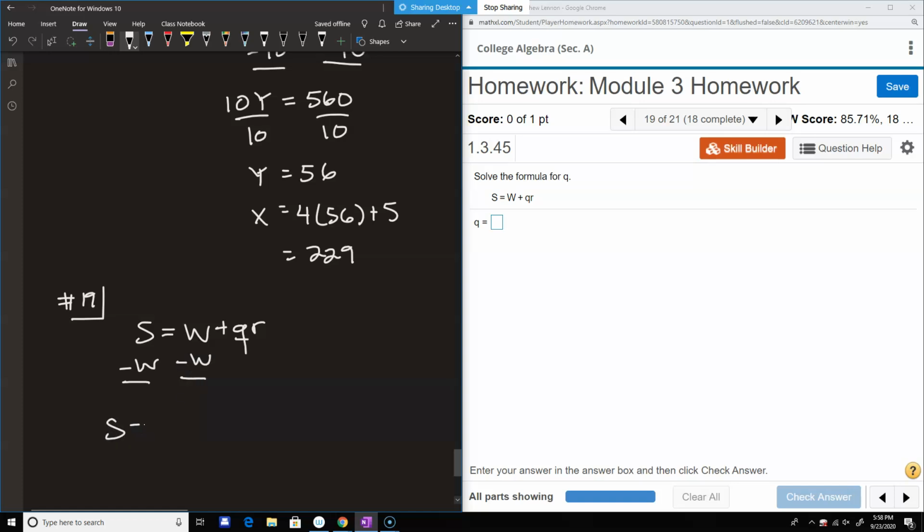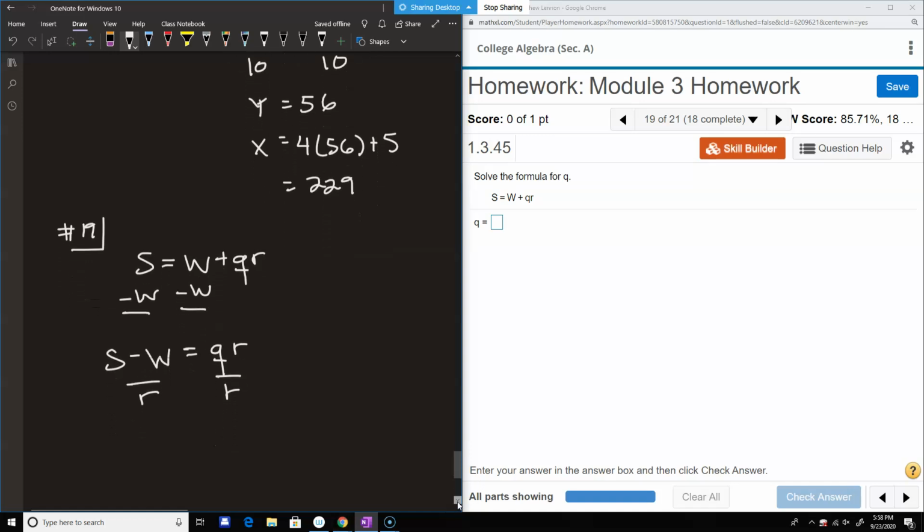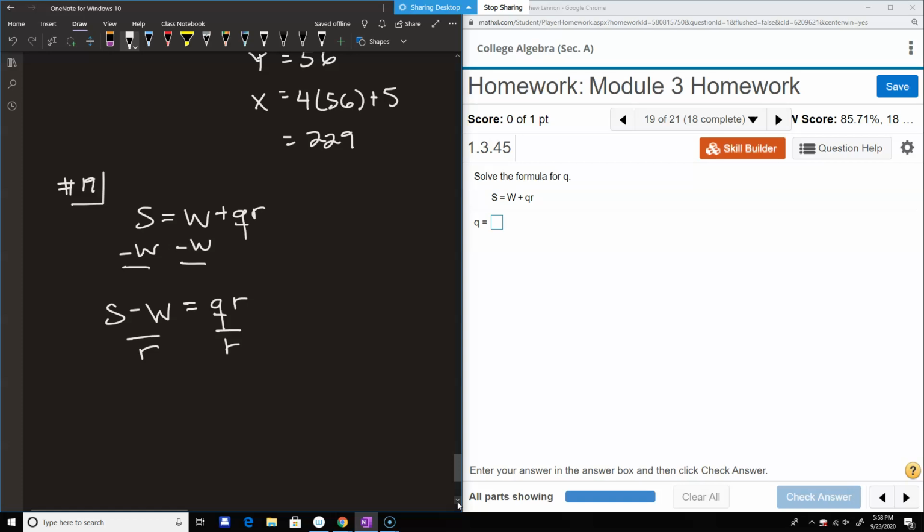So we're just left with S minus W equals Q times R. We're trying to solve for Q. Q is being multiplied by R, therefore we divide by R. So it's the same steps you would have in a normal problem. They're just all letters, so you can't simplify them the way you can with numbers. So (S minus W) over R is equal to Q.